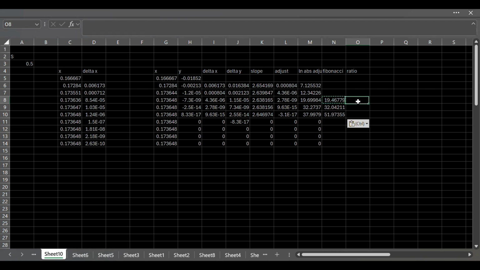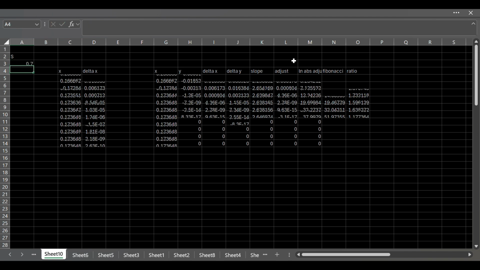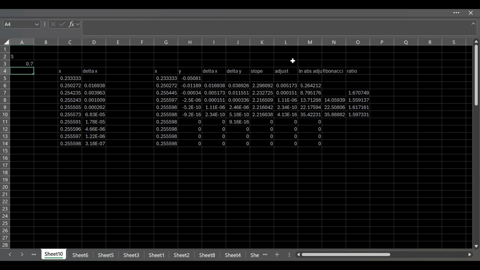It looks like a Fibonacci sequence. And that means that the ratio of these numbers approaches 1.62, which is the golden ratio. Not exactly. It's an approximation, but it's close. And if we put in different values, we'll see it's still close to 1.62.